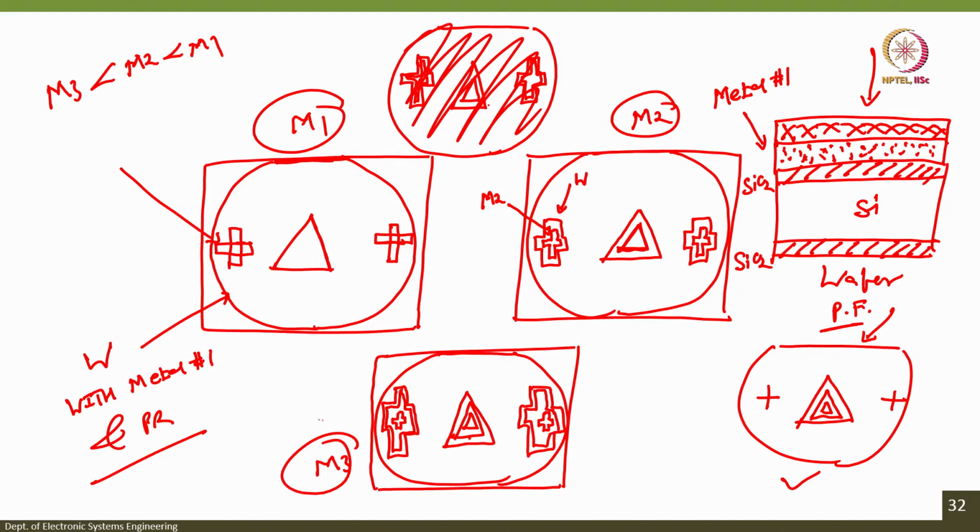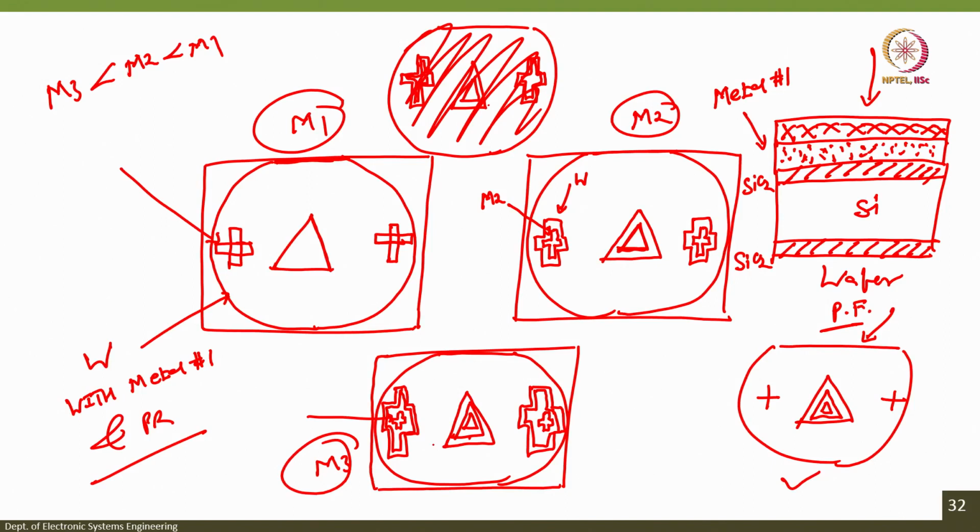So, the third alignment mark which is here, right, that should fit in the center of the second alignment mark, which is already there on the wafer. Then you are aligning the mask 3 with respect to the wafer that has been processed to mask 2.